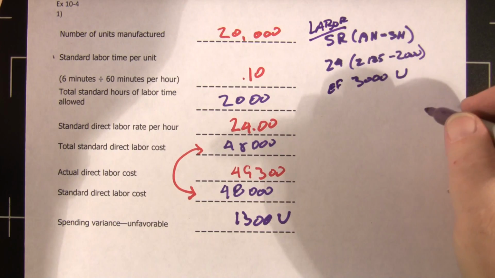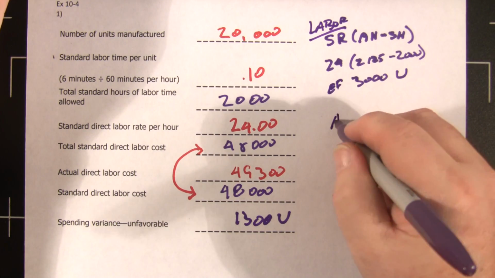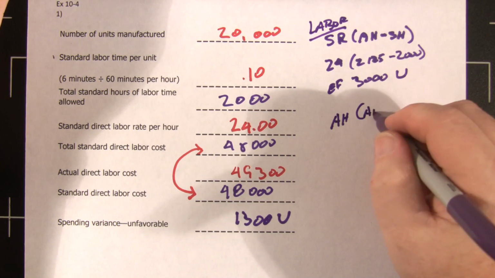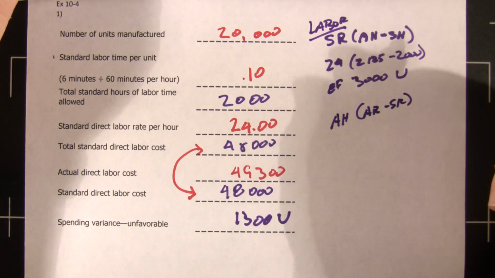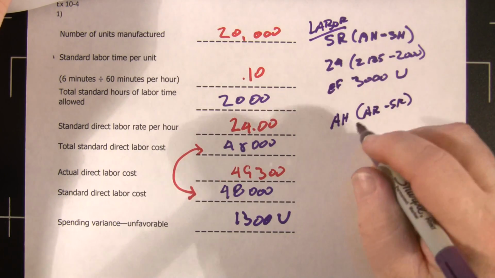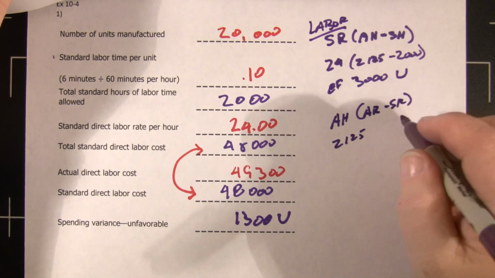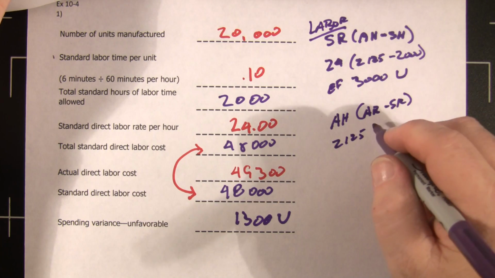Now we're going to do the labor rate variance. This is the actual hours of labor times the actual rate minus the standard rate. So we have 2,125 hours as given times $23.20.